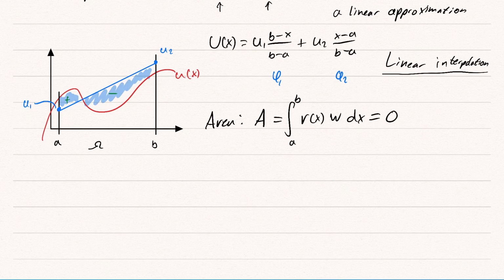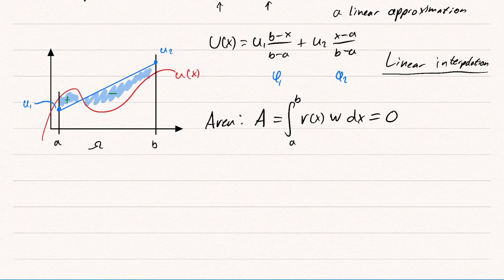So basically we're saying it's the signed area, if you want. It's not the total or absolute value of the area, because that's always going to be non-zero. We can look at it like that as well, but it's much easier to formulate this type of area.